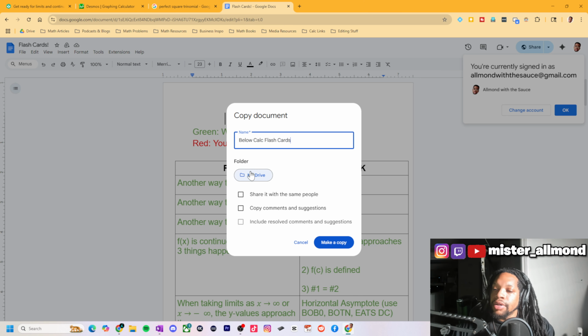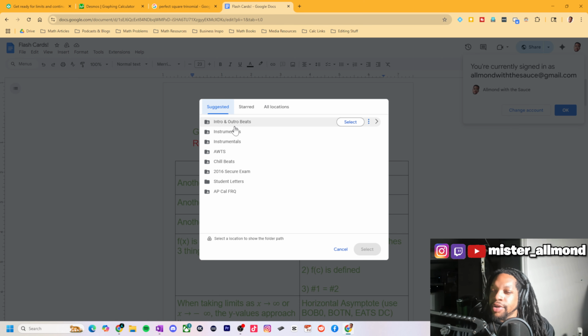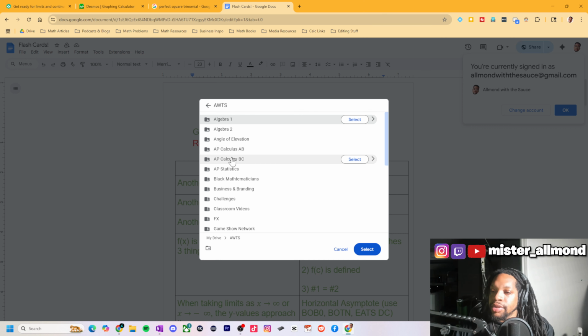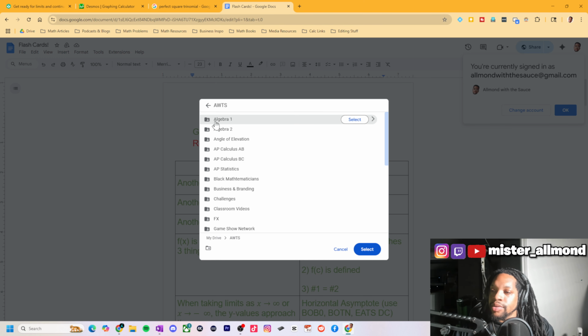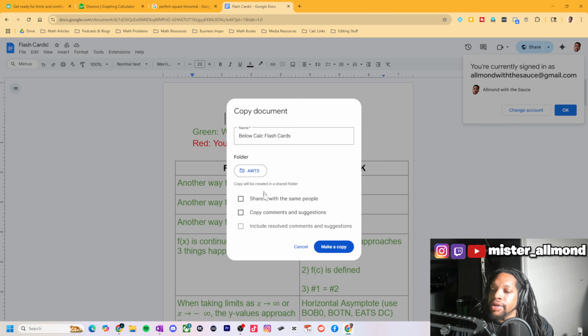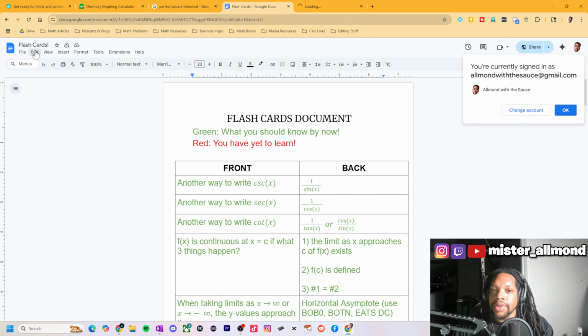flashcards. And then in my drive, I wanna go, let's do, I don't know. I'm gonna just put it in here. I'll figure it out later. All right, and then this one I'm gonna call calc flashcards. Actually, more specifically, we'll call it calc AB flashcards.